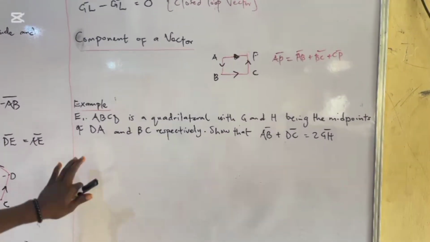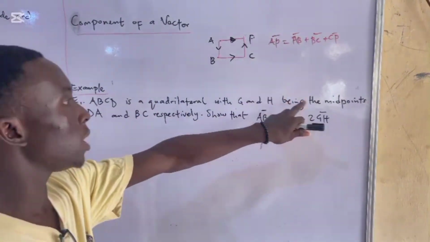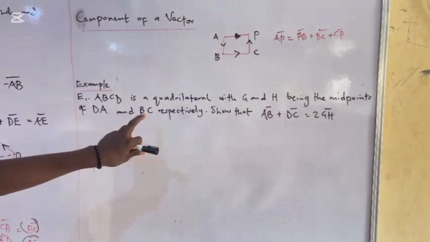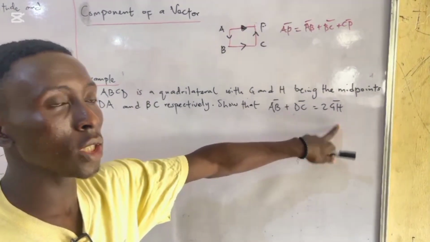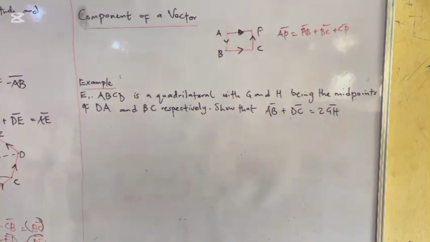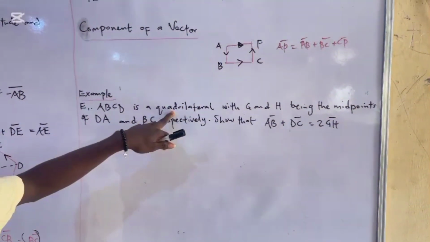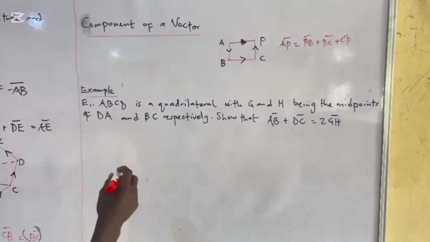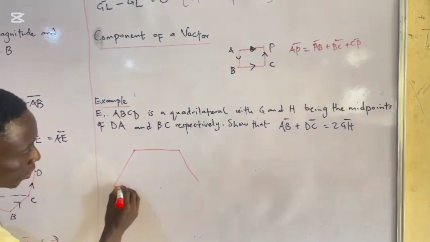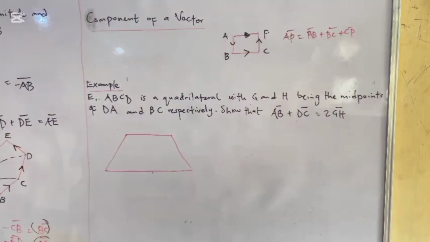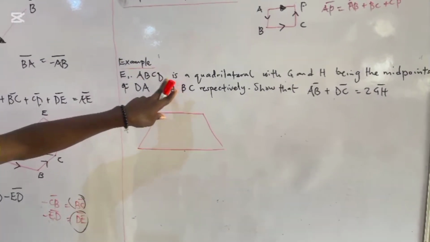Now let's move into the main question here. This is the last question in this episode. ABCD is a quadrilateral with G and H being the midpoints of DA and BC respectively. Show that AB plus DC equals 2GH. Now, firstly, you have to know how to interpret the question. They told us that we are considering a quadrilateral. What's a quadrilateral? You draw your quadrilateral. Now, the quadrilateral is ABCD.